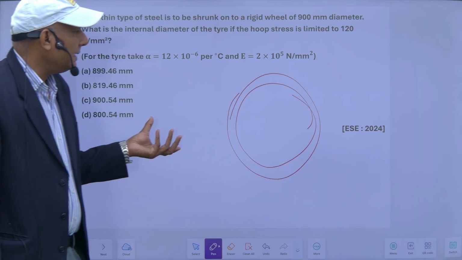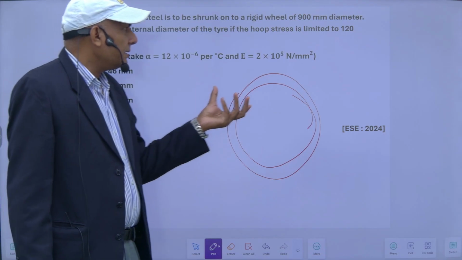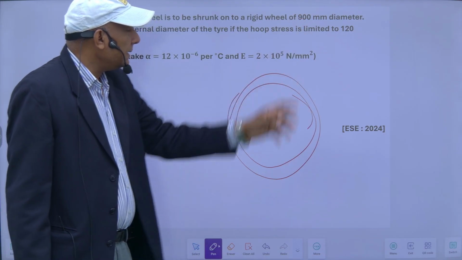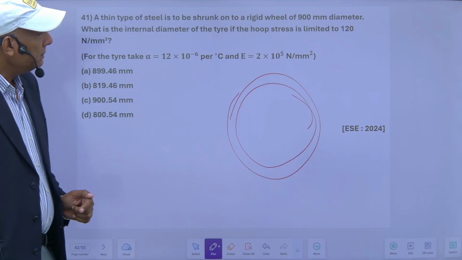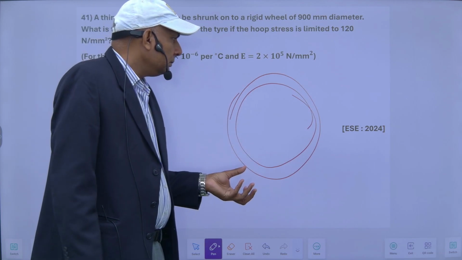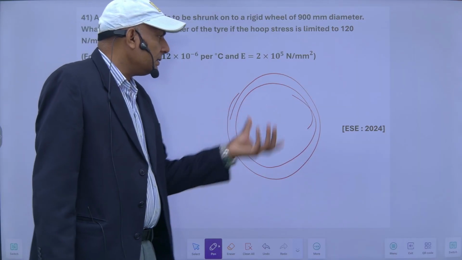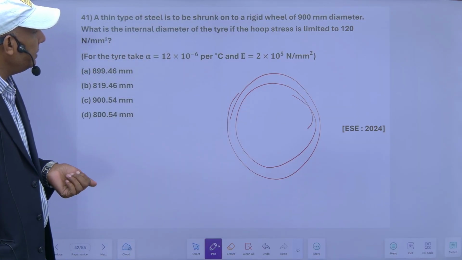So initially the diameter of the tire is less, and on heating it will rise to be equal to the diameter of the wheel, but after cooling it will try to shorten its length. As a result of this, circumferential or hoop stresses will be developed.